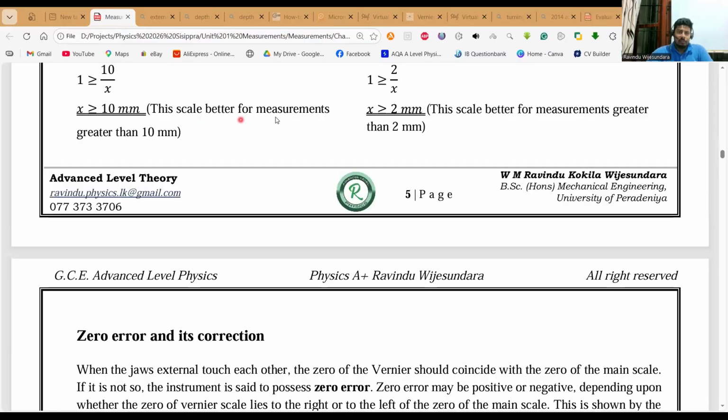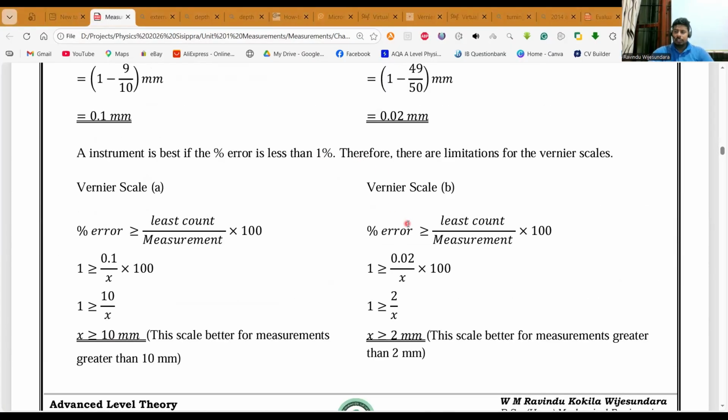So this vernier caliper is better for measurements greater than 10 millimeters only. If you take a reading less than this, then you will have a higher percentage error. Now, if you go to the second one, the vernier caliper B, if you do the same calculation, you get x is greater than or equal to 2 millimeters.